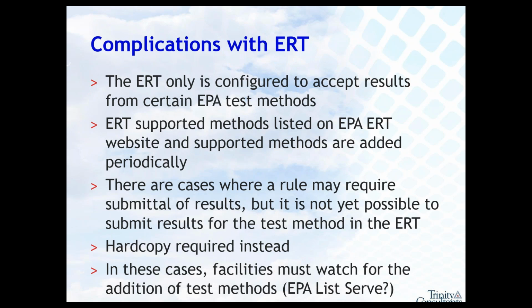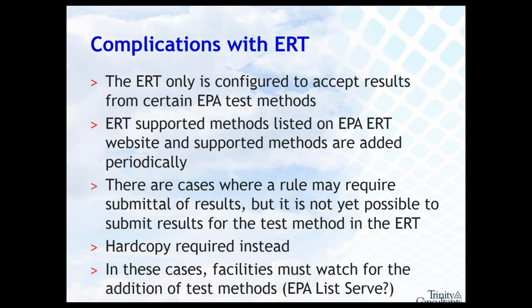The other complication with the requirements of the rule is that there are certain cases where a rule will require you to submit the results of a performance test, but EPA has not configured the electronic reporting tool, which we'll go into a little bit later, to accept results for that test method.